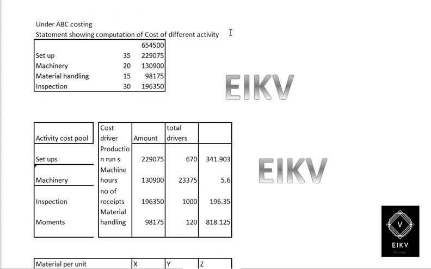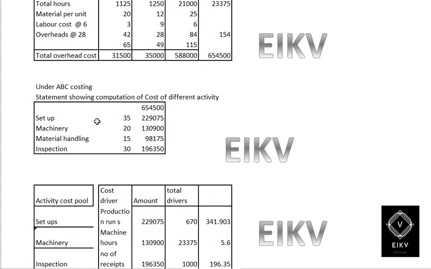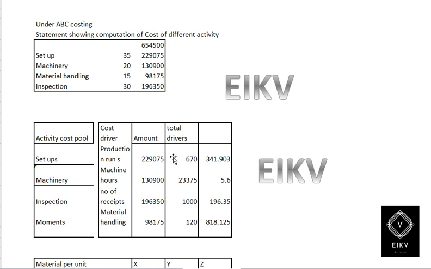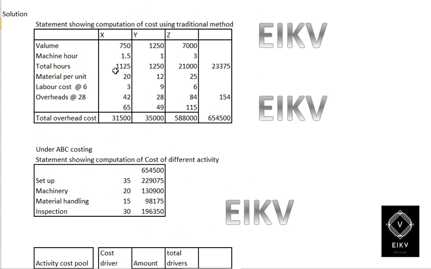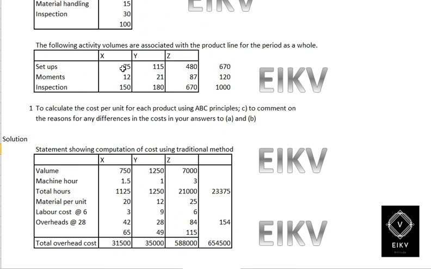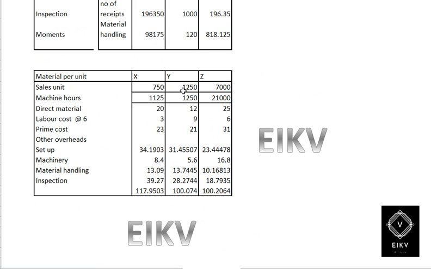Therefore 341 multiplied by the number of setups, which will be 75, divided by total units, which is 750.